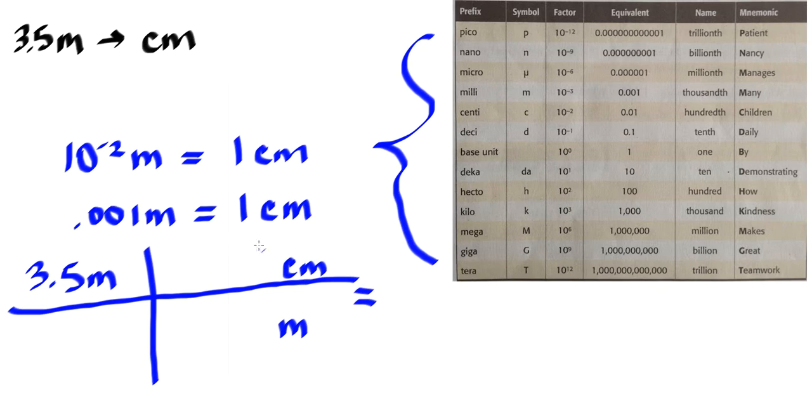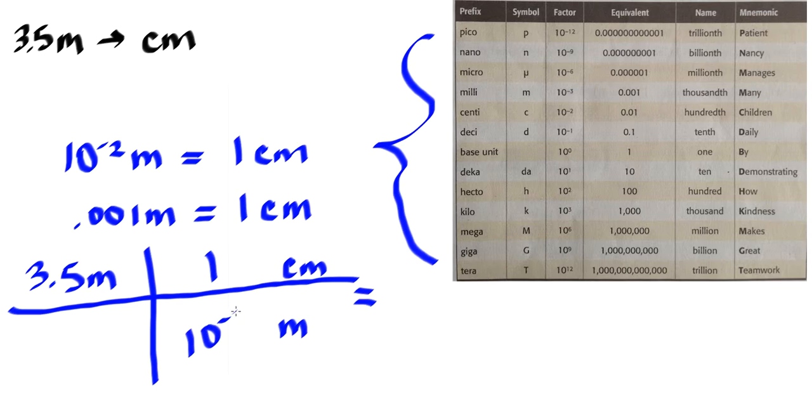And then use either one of these, because if you put 10 to the negative 2 in your calculator, you're going to get back 0.01. So this is the same exact thing. It's just that one's written in scientific notation. The scientific notation to me is cleaner, so I'm going to use that just for the sake of making this look cleaner. We cannot switch it up, so we have to say for every 1 centimeter, there's 10 to the negative 2.